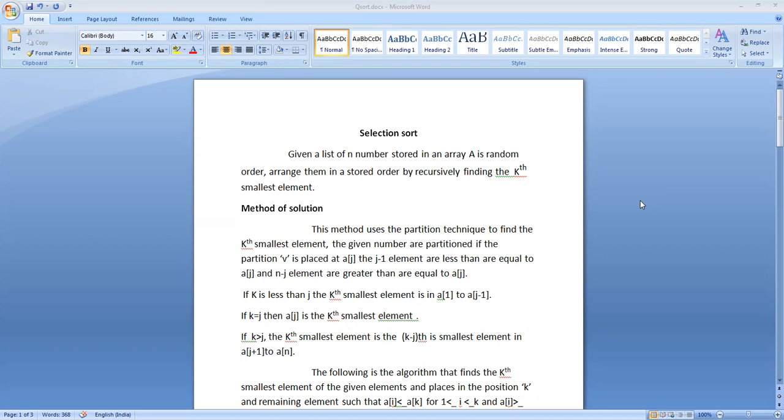So when the numbers in front of the partition value are still big, then you have to select another partition value from them and partition them into different categories.